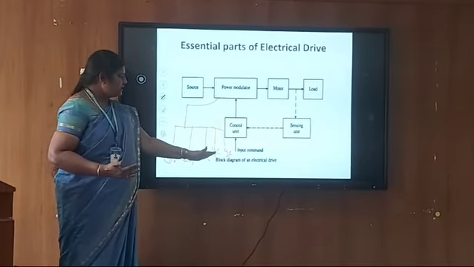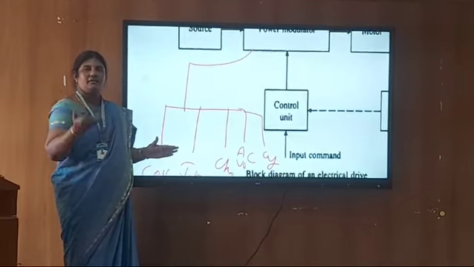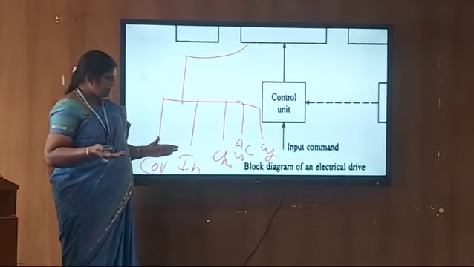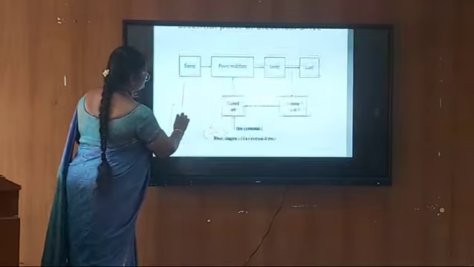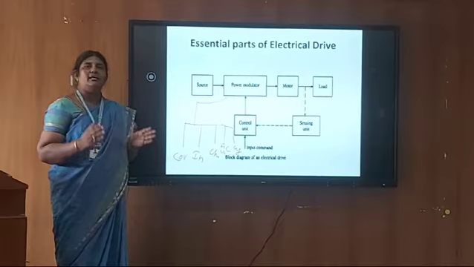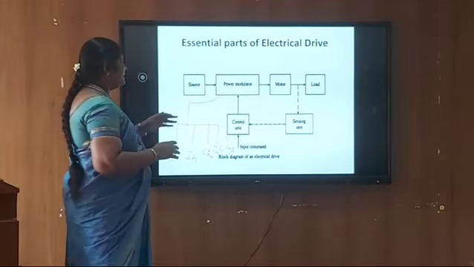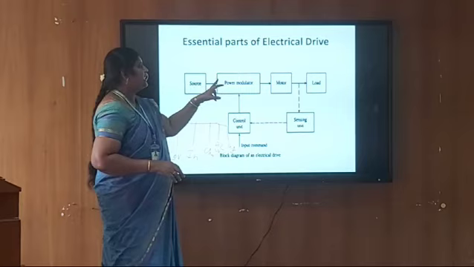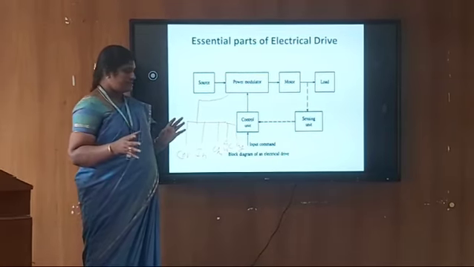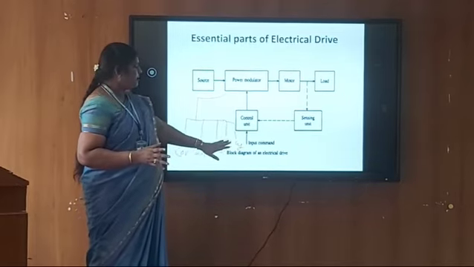An AC voltage controller converts fixed AC voltage into variable AC. A cycloconverter converts fixed frequency into variable frequency. Depending upon the user application, we can prefer the power modulators. Mostly we use the converter, inverter, chopper, and AC voltage controller.